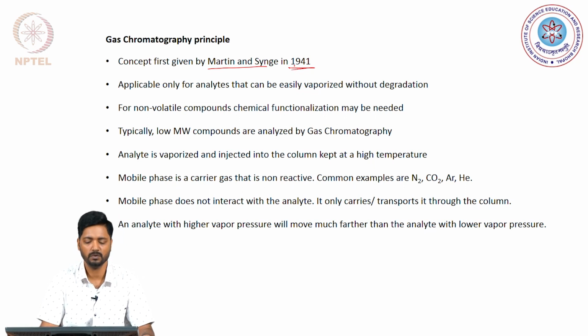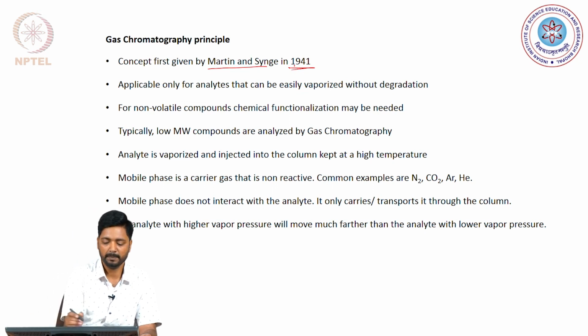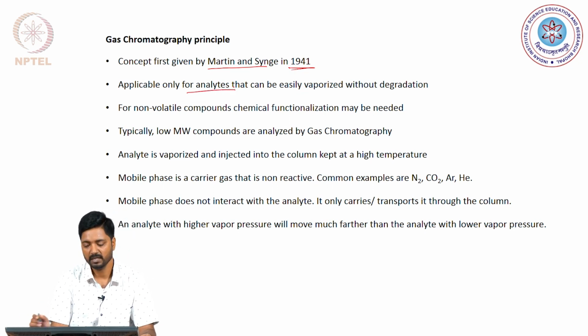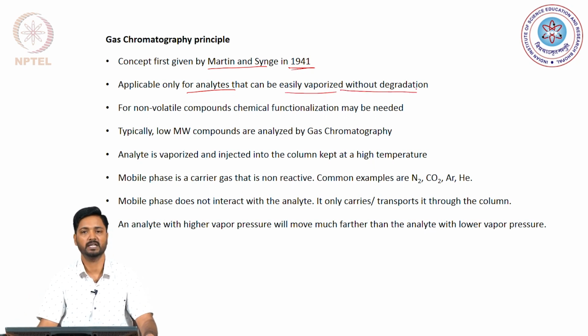It was figured out that gas chromatography will require the analyte to be vaporized. So, it will be applicable only for analytes that can be easily vaporized without undergoing degradation. Essentially we will have to heat our solute or analyte, convert it into a gaseous phase and move it through a chromatographic column.